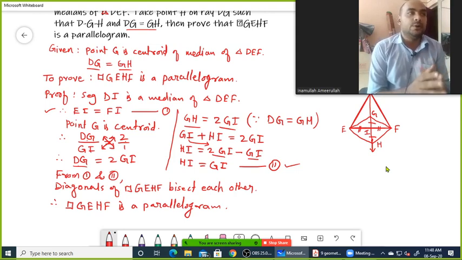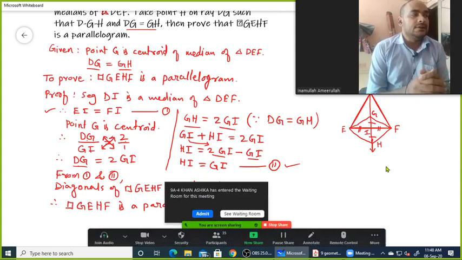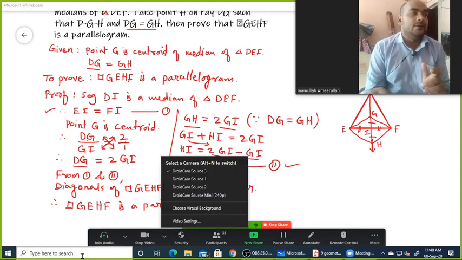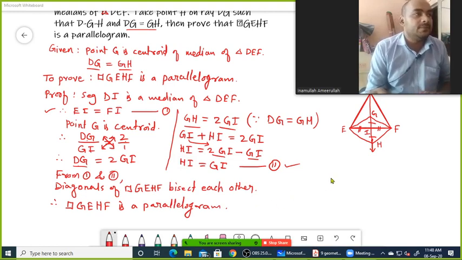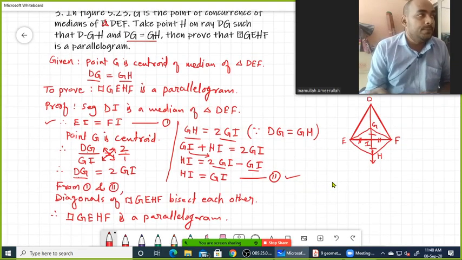This is one of the theorems which we already studied, and we proved that the diagonals of this quadrilateral GEHF bisect each other. That's why quadrilateral GEHF is a parallelogram, and this is your proof for this particular question. Hope it is clear to everyone.